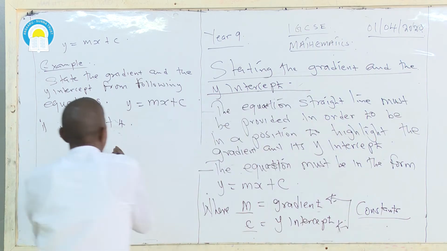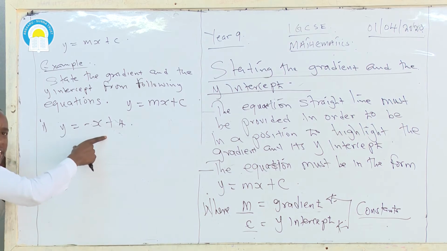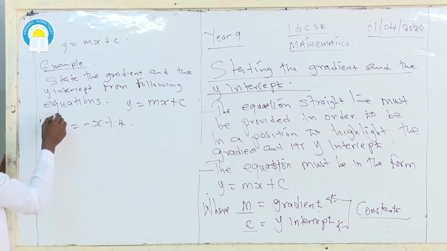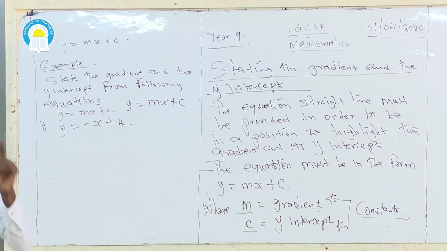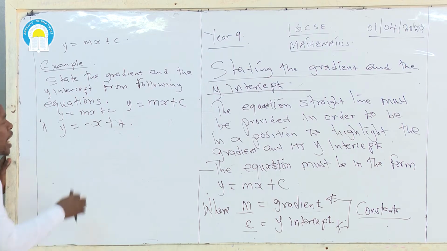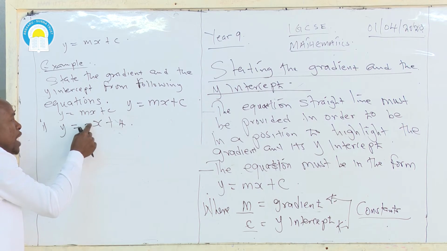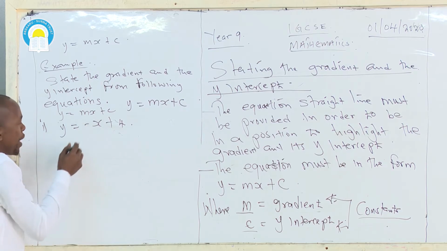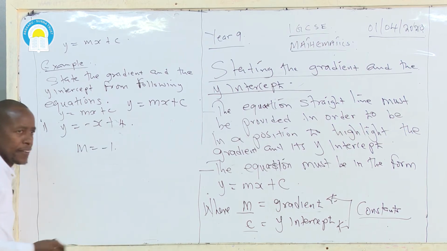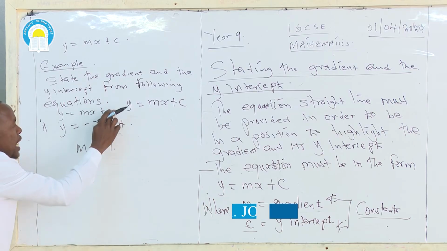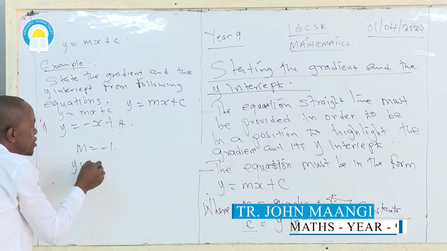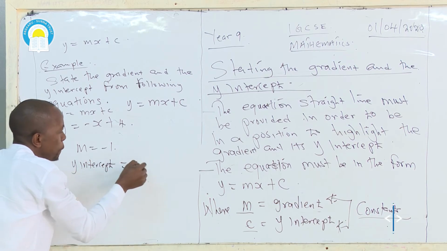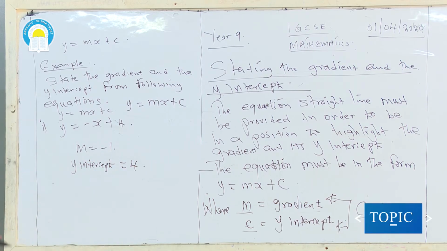In this one, the equation is already in the form of y is equals to mx plus c, whereby the coefficient of x gives us the gradient. The coefficient of x is this value here. Now, m is -1. And the constant c is the y-intercept. So our y-intercept here is 4. And that is it. As easy as that.